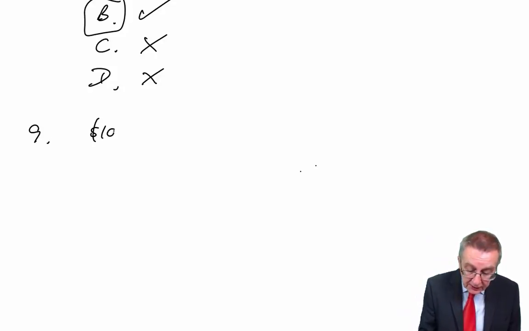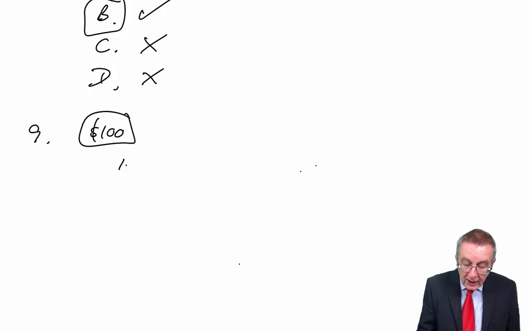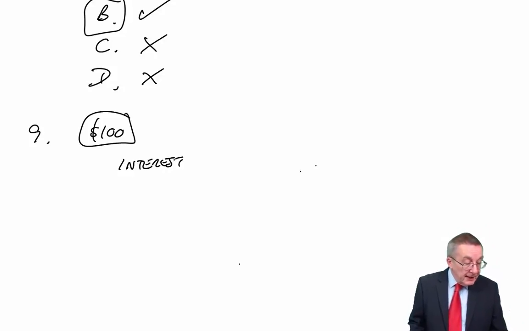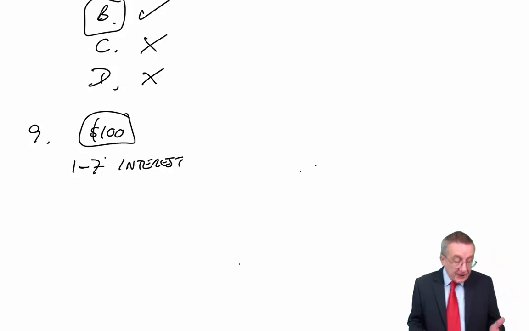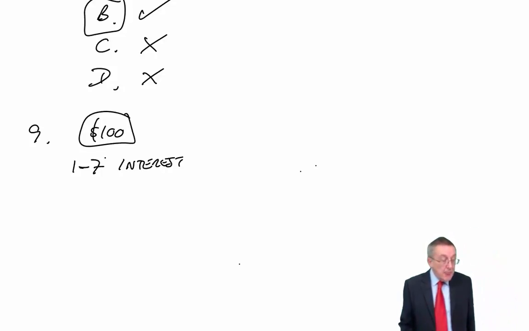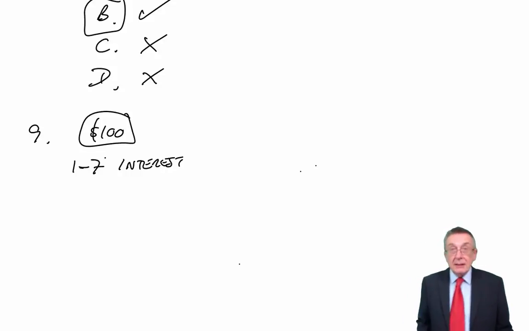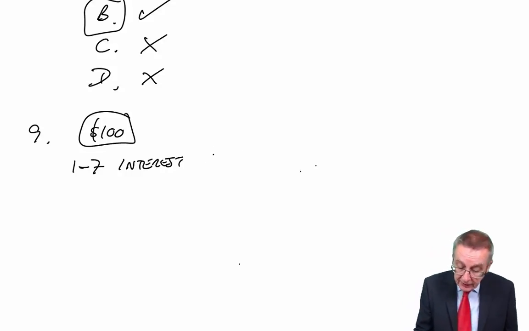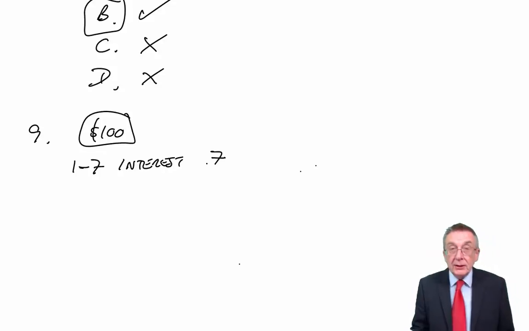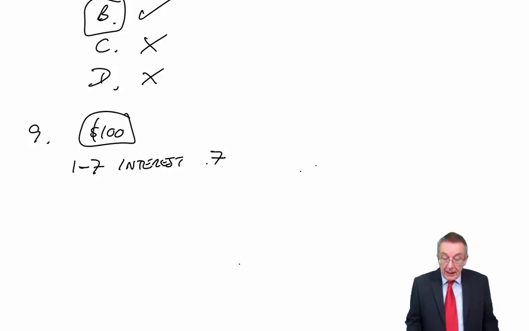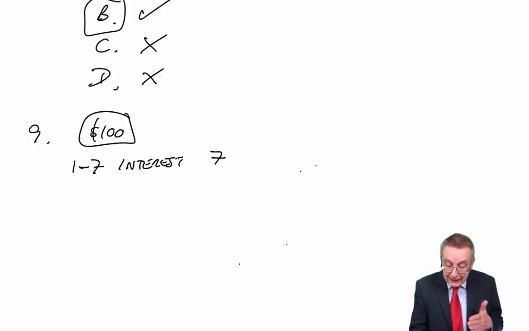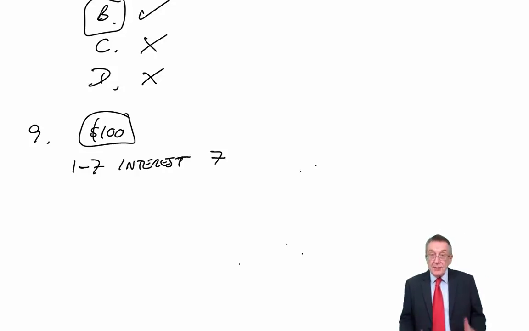On $100 nominal, they're going to receive interest each year, for 7 years. The interest is 7%, that's the coupon rate. It's 7% of nominal, so $7. Tax there is irrelevant. As far as the investor's concerned, they'll receive $7.